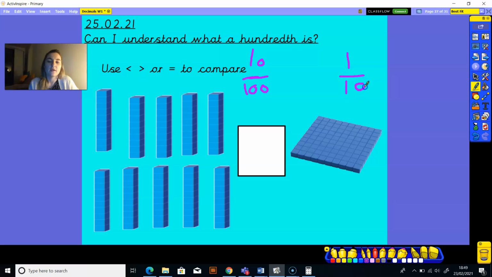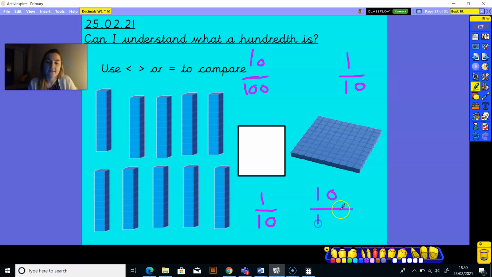Now I wonder if you notice something about these fractions. Can you work out if they could be equivalent? Well, let's have a look down here. Now we know if we've got an equivalent fraction, we can either times something to make it equivalent or we can divide it. So let's have a go at these ones here.